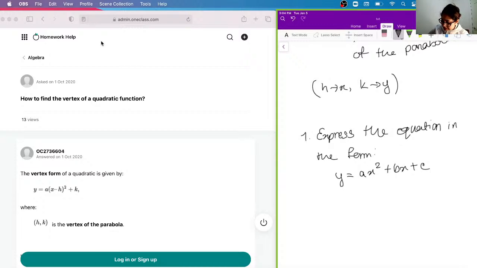Then step 2 is to factor by completing the square.